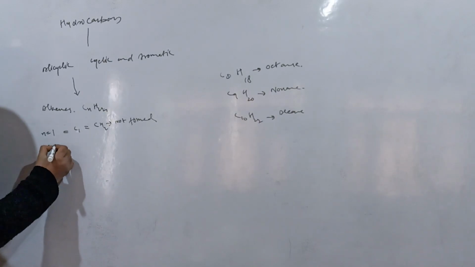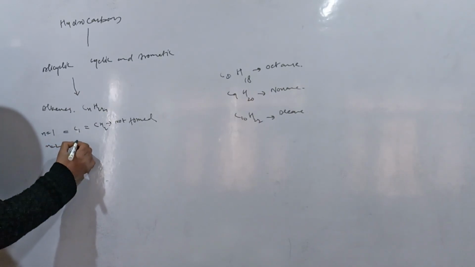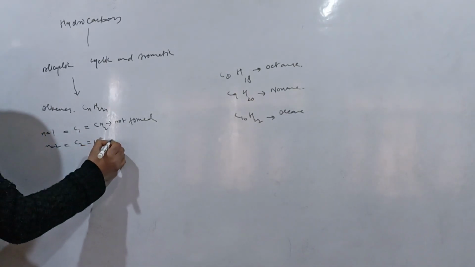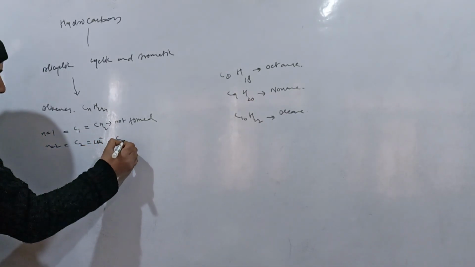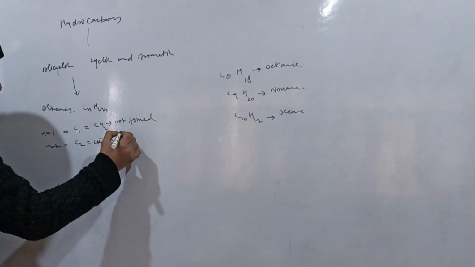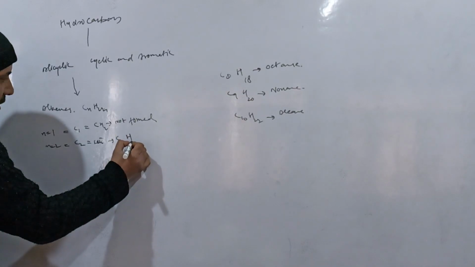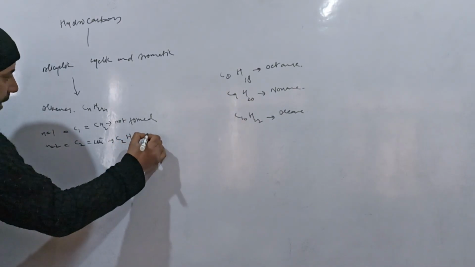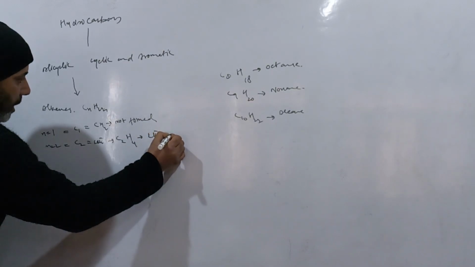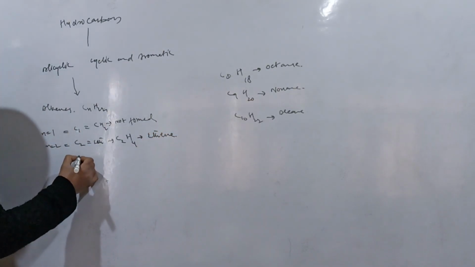But from n is equal to 2, that is C2, meaning eth, C2H4, and finally that will become ethene.